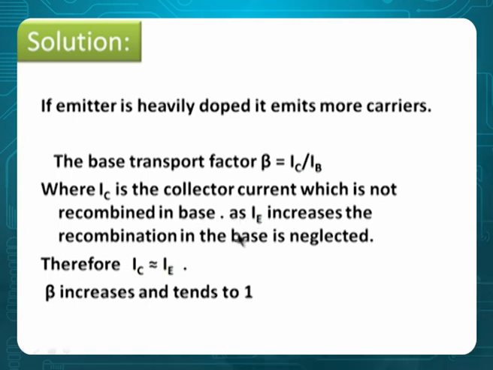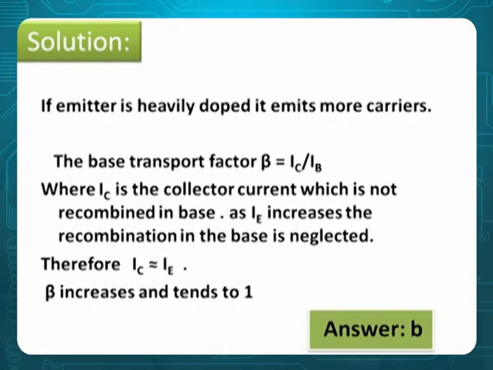As IE increases, recombination is neglected. When recombination is neglected, what happens automatically? IC becomes approximately IE. That means whatever you are giving in isn't getting lost, it is simply going out. Therefore, beta increases to 1. Therefore, option is B. It's simply increasing beta.